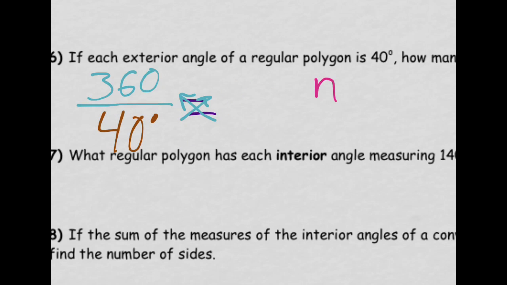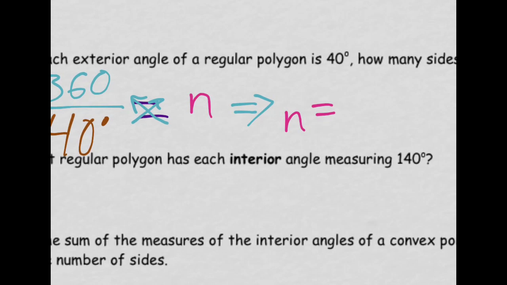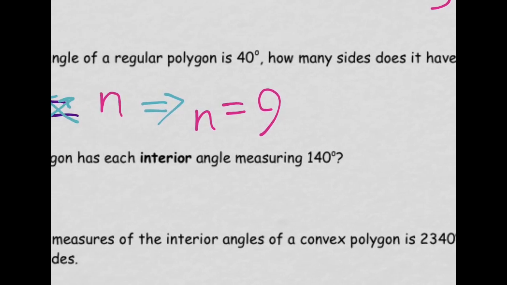Now that looks so much better. What is 360 divided by 40? N equals 9. That's the number of sides it has.